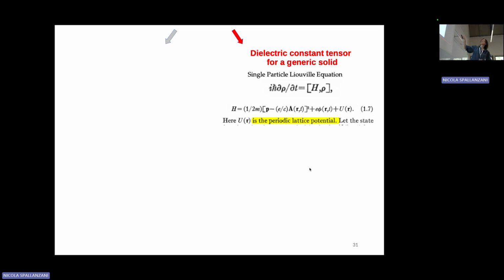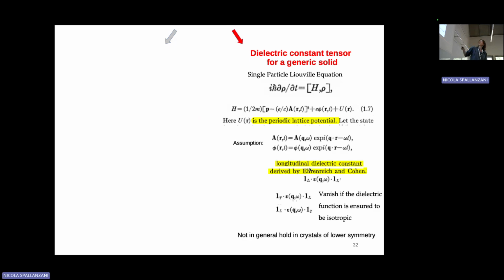And U of R is the periodic lattice potential. By assuming that the dependence of A and phi is the following, he obtains the longitudinal component of epsilon, which was already demonstrated by Ehrenreich and Cohen in their paper, the Lindhard formula of the electric function we have seen before.